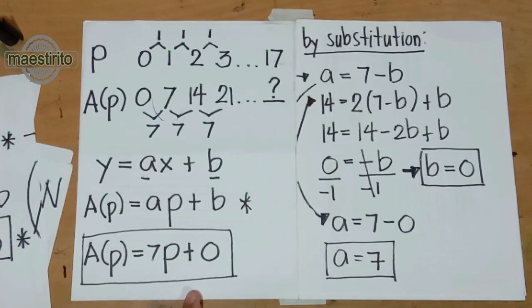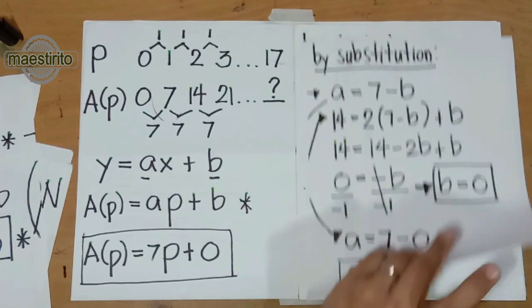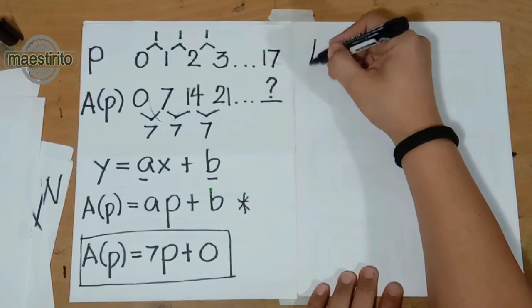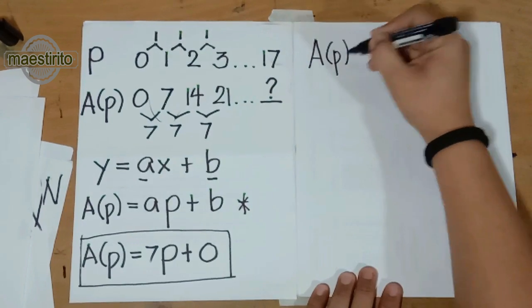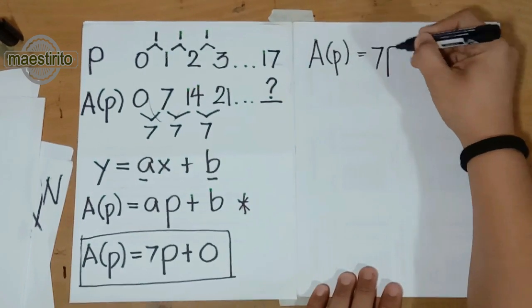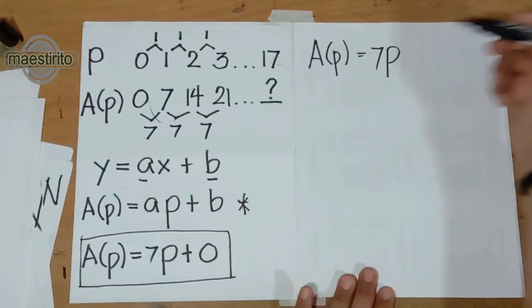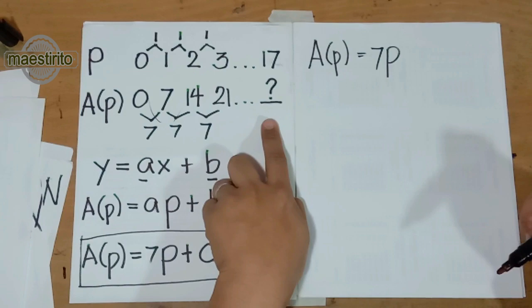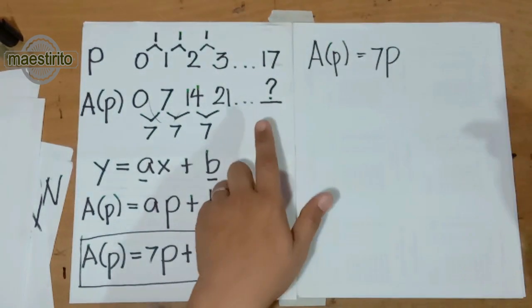Okay, with this model, we can further simplify this by having it as a of p is equal to 7p. And going back to this table, we're looking for the fare if there are 17 people.